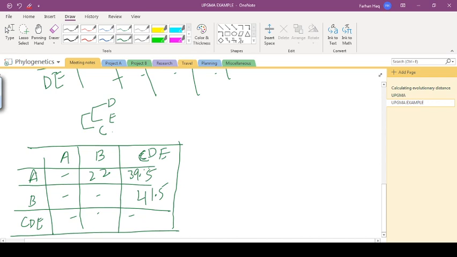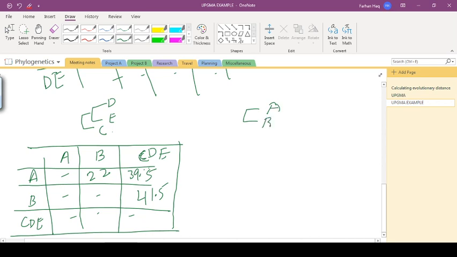You can clearly see here that A is actually closely related to B. So we make another matrix here, and we will combine A and B together. Here you can clearly see that D, E, C are closely related, and A and B are closely related.